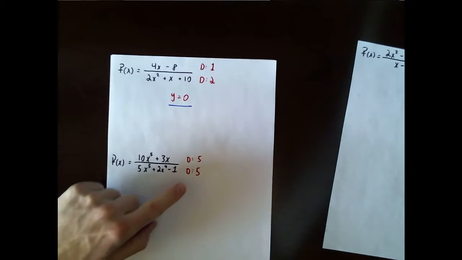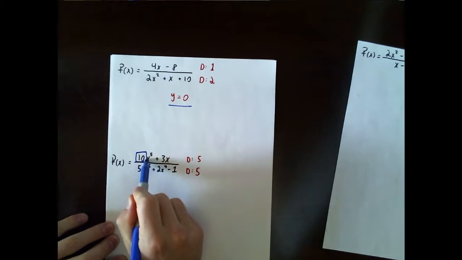That leads us to the case where the degree of your numerator is the same as the degree of your denominator. For this case, you take the coefficient on the highest power of x in your numerator and divide it by the coefficient on the highest power of x in your denominator.